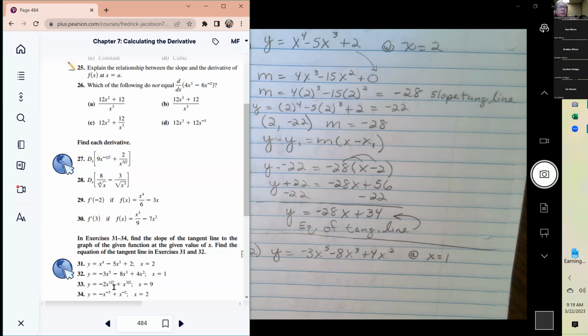When you find it, type it in the chat so I know that you understand how to find it. So find the slope of the tangent line.